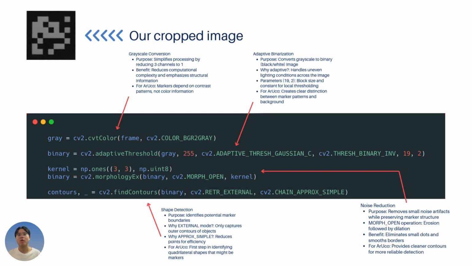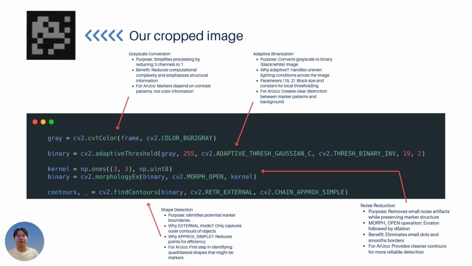But why do we use adaptive threshold? Adaptive threshold can handle uneven lighting conditions across the image. Our parameters are 19 and 2, where 19 is the block size and 2 is the constant for local thresholding. This can create a clear distinction between marker patterns and paper.